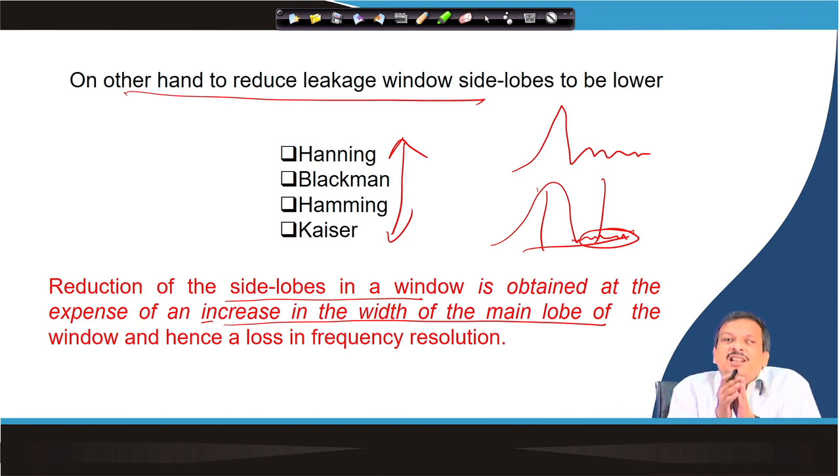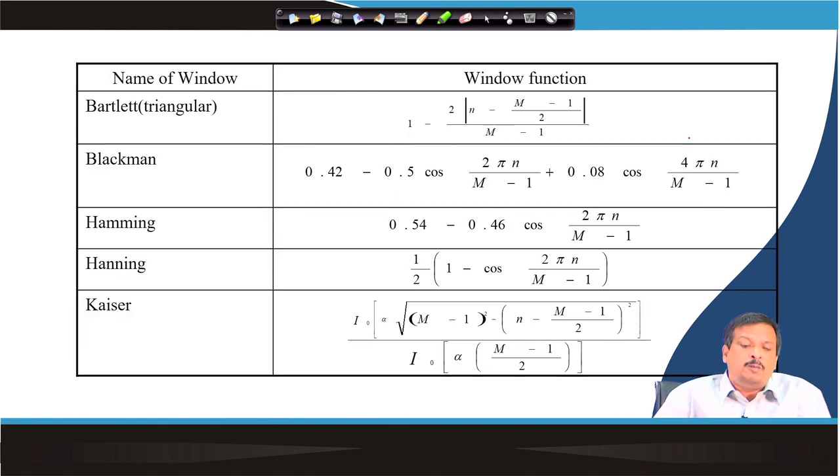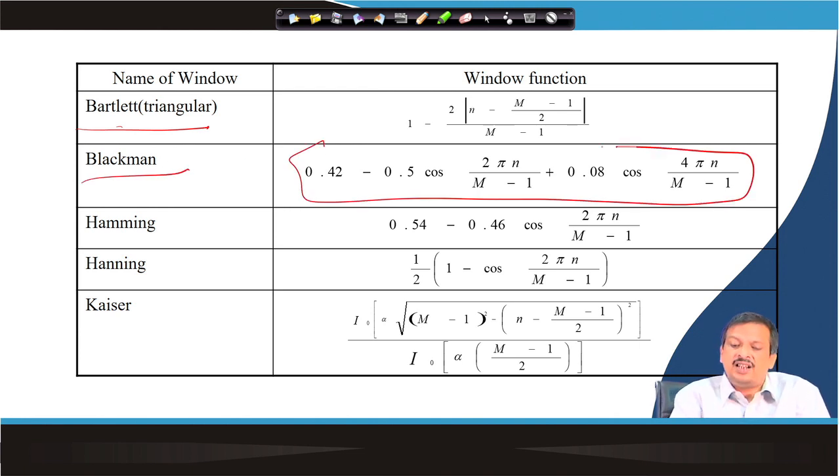That gives you the trade-off of choosing the window function. So, Wn by default is a rectangular window. But if I want to choose Hamming window, Blackman window, Kaiser window, then all these window functions are there. So, Blackman window is this function, and I can generate Wn using this function.